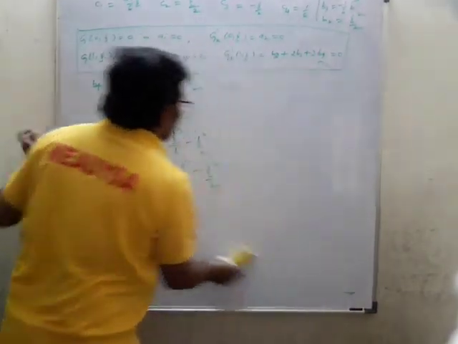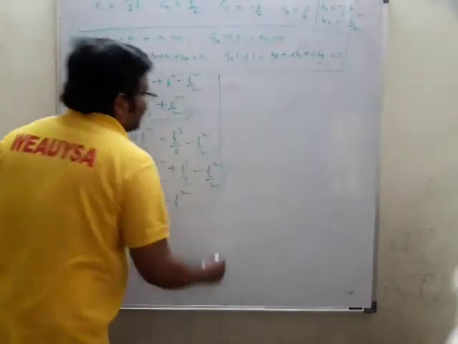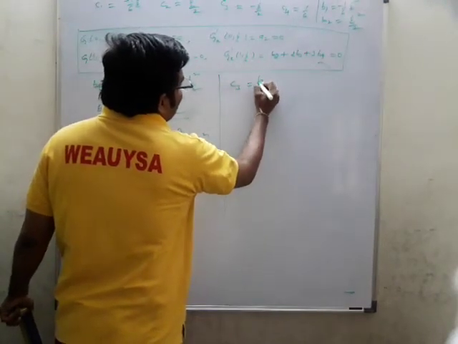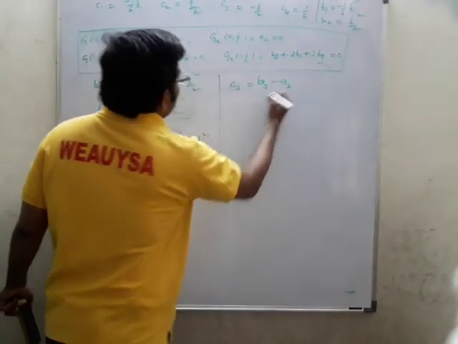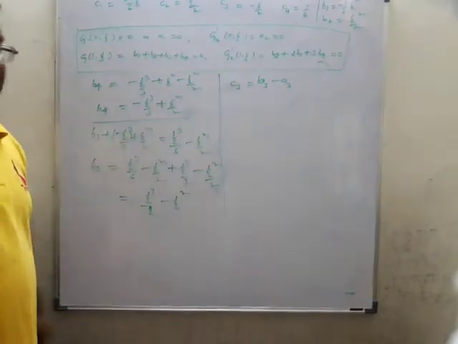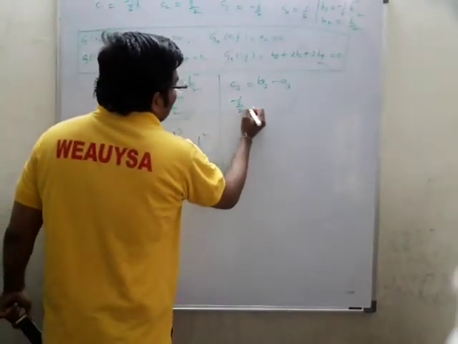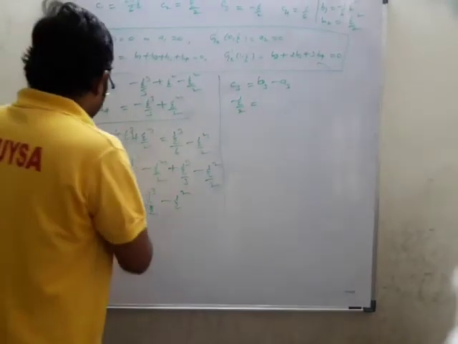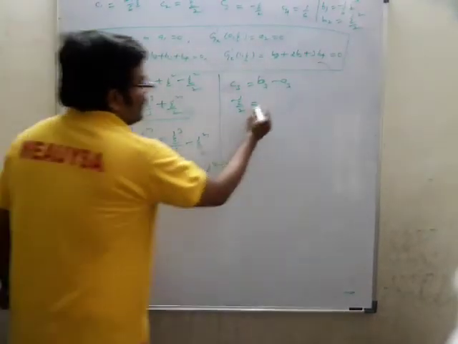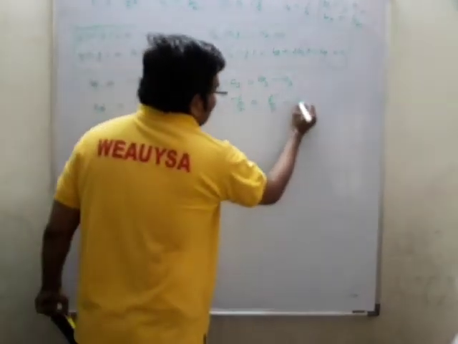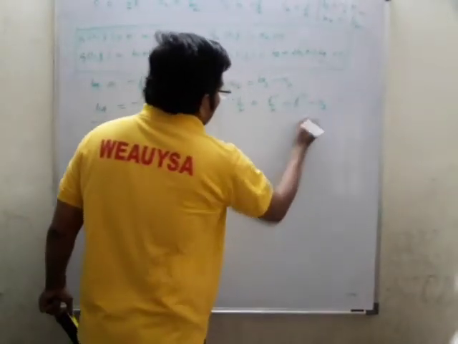After getting these two values, we'll try to find out A3. So from that C3, I'll take C3 is equal to B3 minus A3 because of the previous equation. What is C3? C3 is minus xi by 2. B3 I got here, no? That is xi cube by 2 minus xi square minus A3.